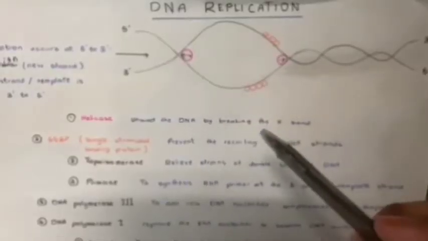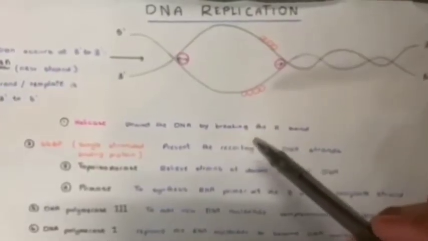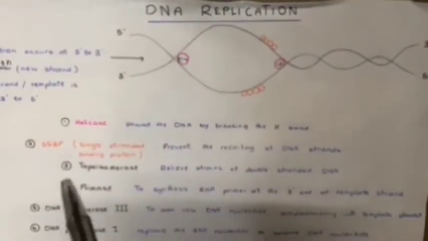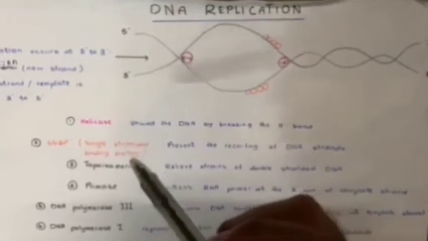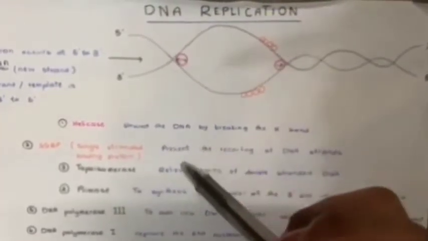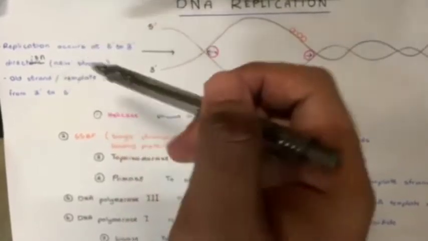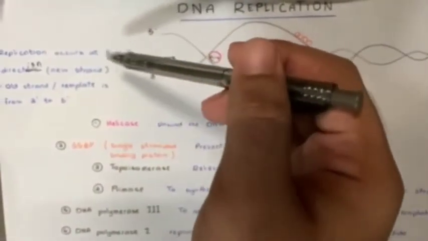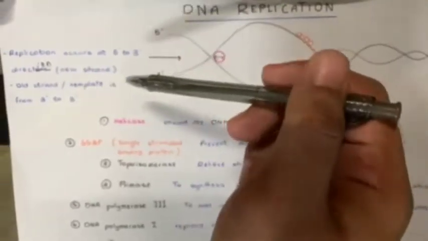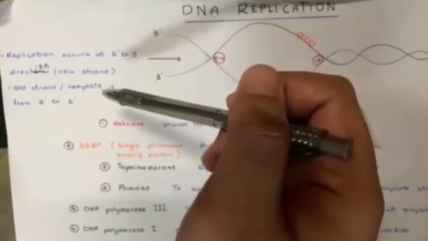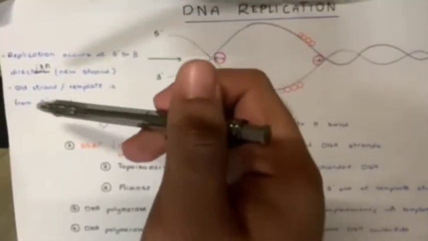Okay. Before we go through the replication, everyone should focus and understand how the new strand replication occurs. The replication of the new strand occurs in the 5' to 3' direction, while the old strand, the template strand, is from 3' to 5'.